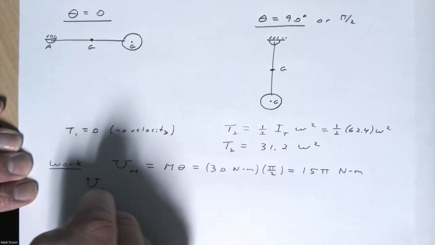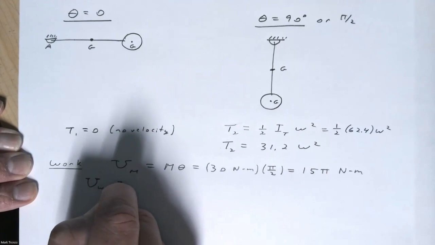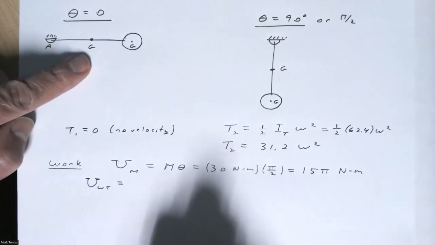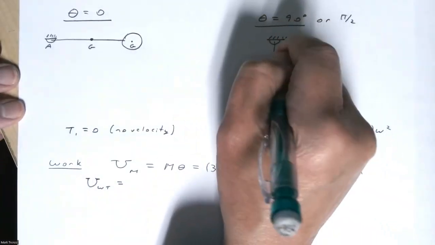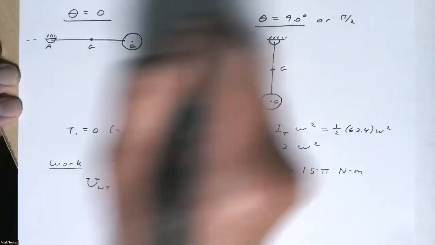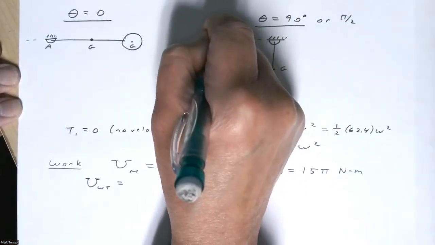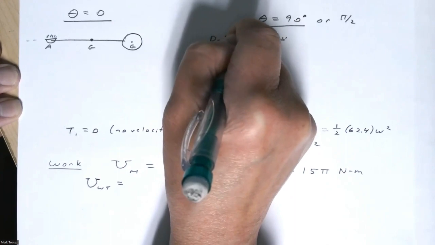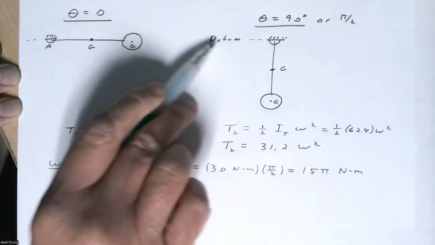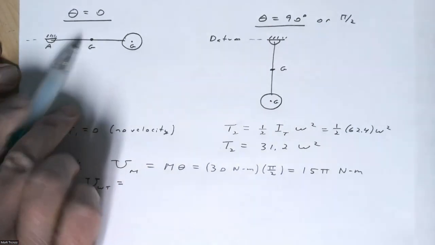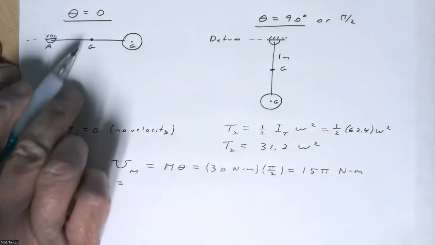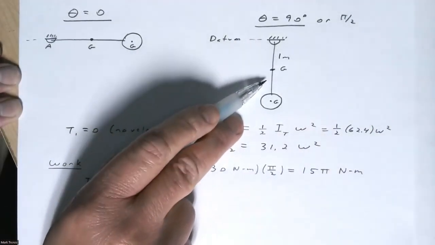Now the work of the weight, we have to be careful here. So let's consider the rod here. Its center of gravity, let's call maybe this the datum line up here, say that would be our datum line where we're starting. And so this center of gravity started at 0, let's say. And the center of gravity of the rod went down 1 meter.